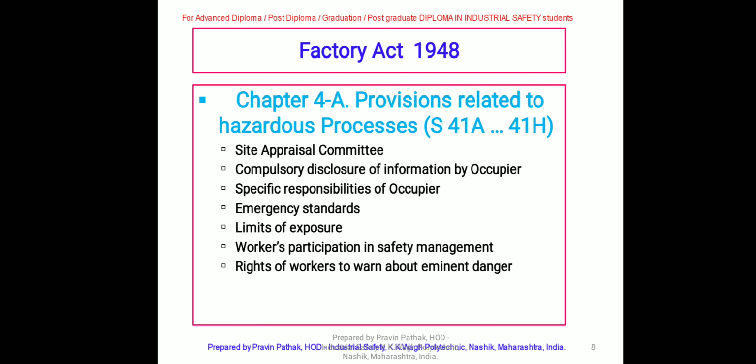Then chapter 4A focuses on the provisions related to hazardous processes. The hazardous process definition is in section 2(cb), and the provisions related to that hazardous process are under sections 41A to H. Some examples of these sections are site appraisal committee, compulsory disclosure of information by occupier, specific responsibilities of occupier, emergency standards, limits of exposure, workers' participation in safety management, rights of worker to warn about imminent danger.